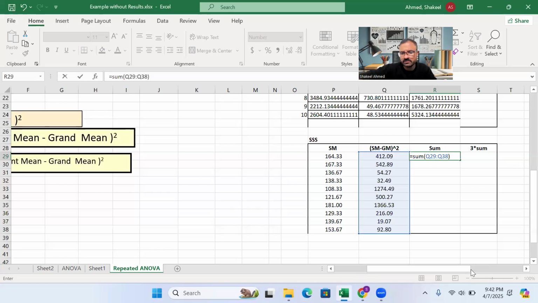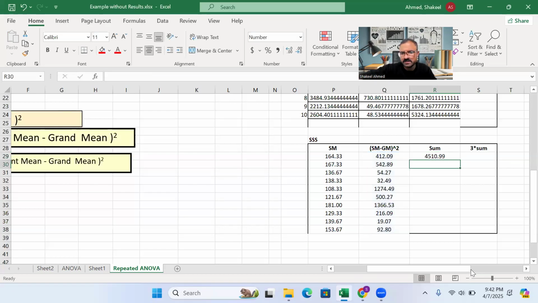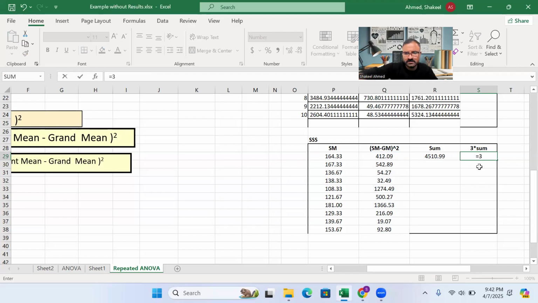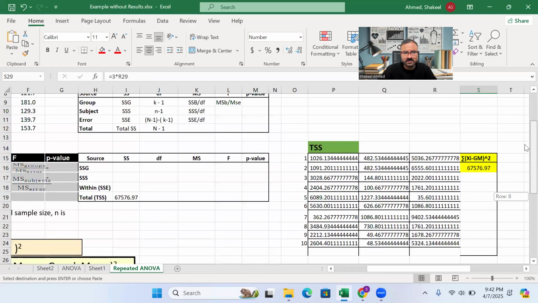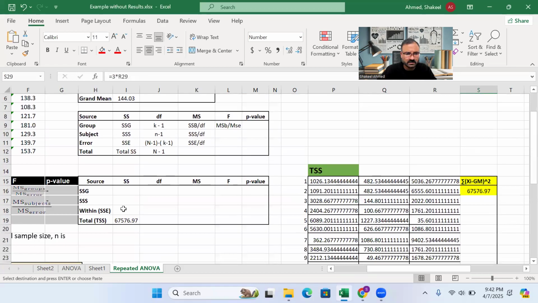We don't need to make a weighted sum as the sizes of all three groups are the same. We can just multiply it by 3. So this is the between subject sum of square.